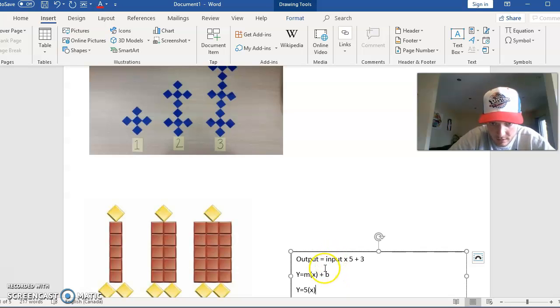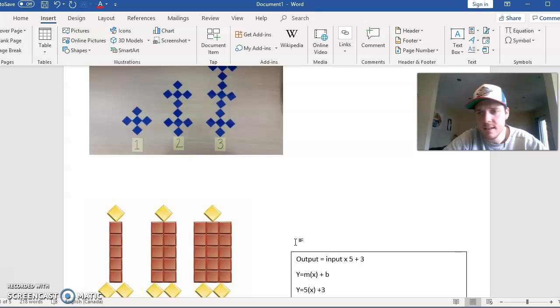X is our input, right? Input times our multiplier. Input times 5 is the same thing as 5x. And then b is our constant. That's 3. So this, y equals 5x plus 3, and output equals input times 5 plus 3, mean the exact same thing. It's important for you to understand that.